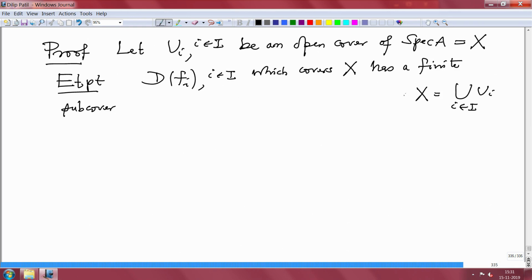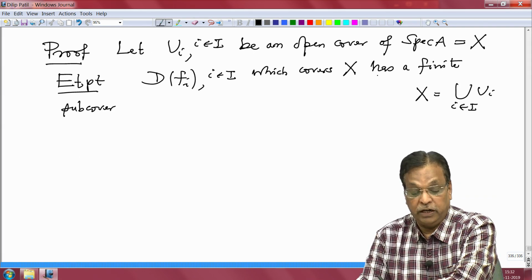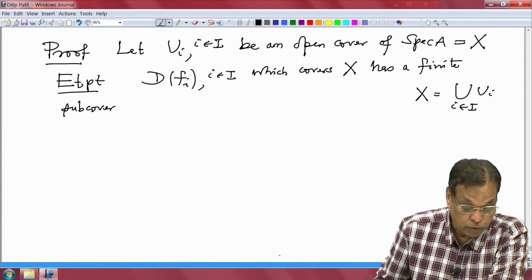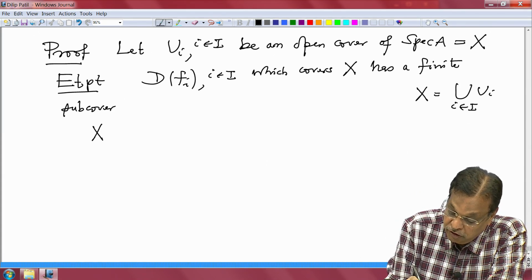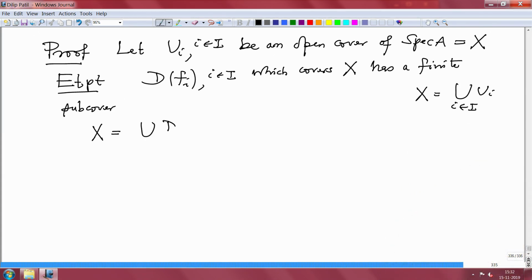So, every point in X is in some U_i, and I will concentrate on a basic neighborhood which contains that point. So, that means X will also be covered by basic open sets D_{f_i}, and therefore, I will replace these U_i's by D_{f_i}'s, but maybe the indexing set will change, and then I want to extract now a finite subcover. Okay, what does it mean that X is the union of D_{f_i}'s?